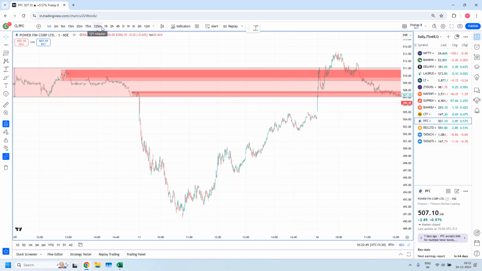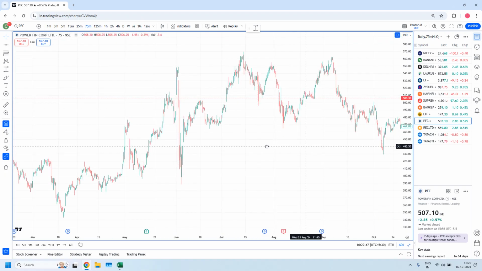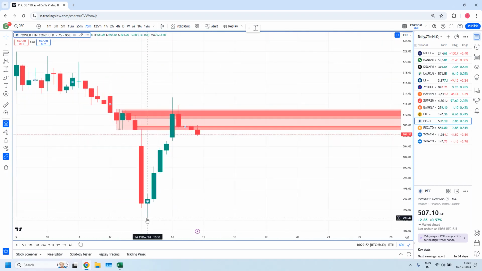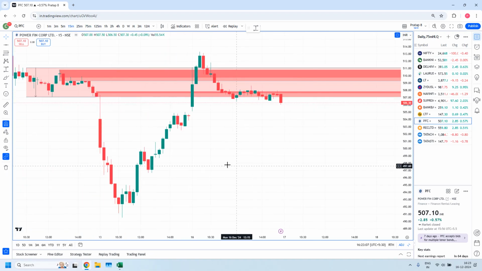First of all, it is a 75 minutes high liquidity zone identified by our software. We have a drop, then 1, 2, 3, 4 base candles and a drop candle. This is how our software identified it. And this one we fine-tuned with the 15 minutes time frame.